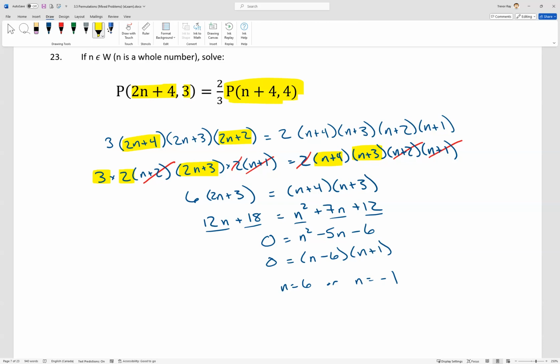I can't say here's 3 objects, pick 4 of them in order. It becomes undefined. And as a result, this is an invalid number. So this is my correct answer, n equals 6, and you can verify it easily enough by plugging it in for n and checking to see that it actually does work.